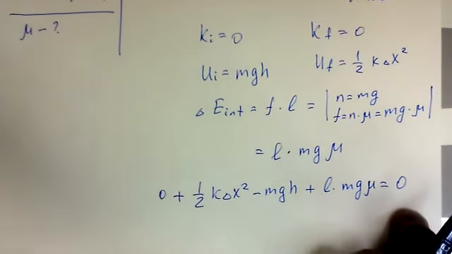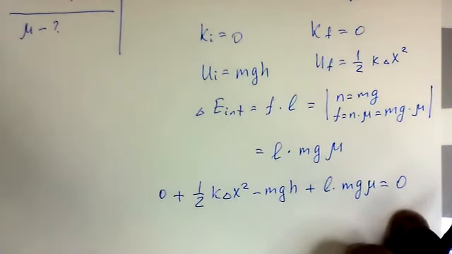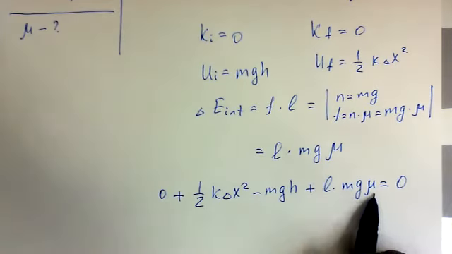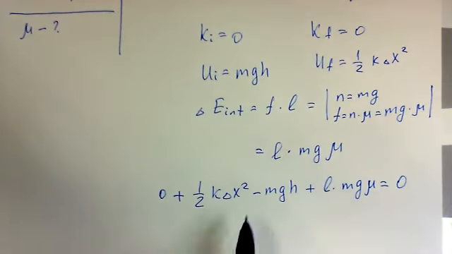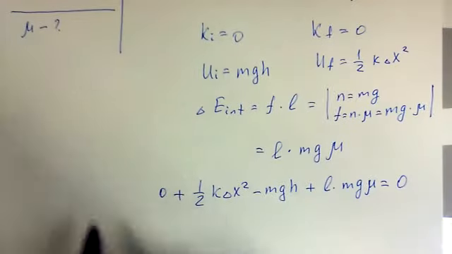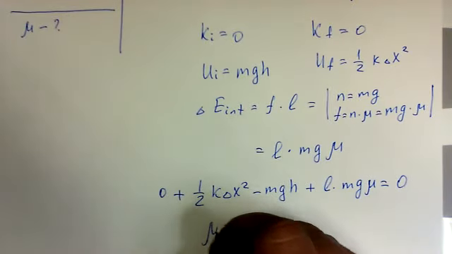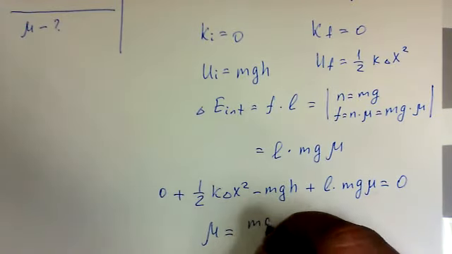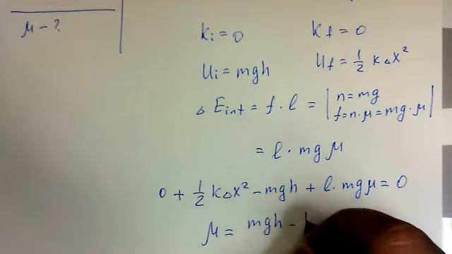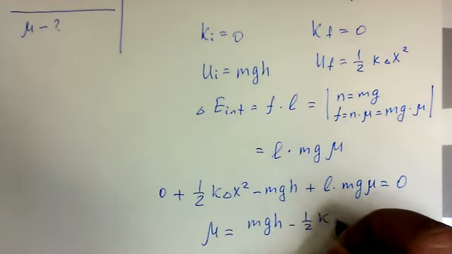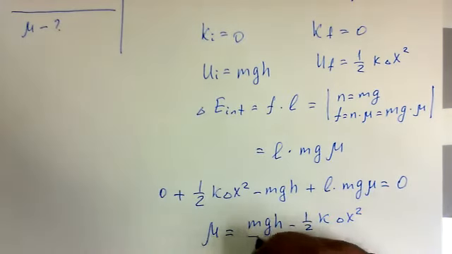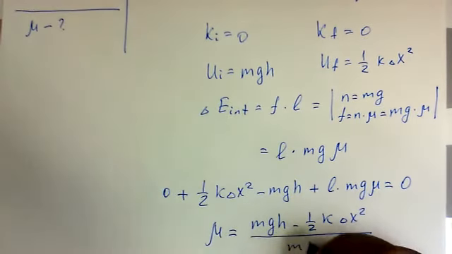From that, you can now express the coefficient of friction that we have to find. So mu equals (mgh minus 1 over 2 K delta x squared) over mgL.